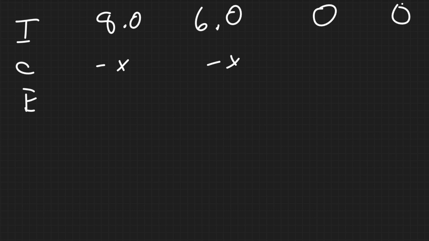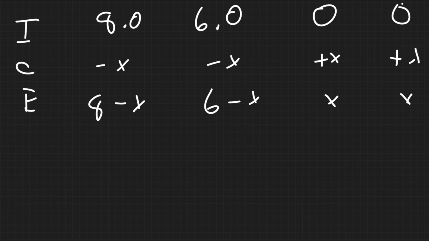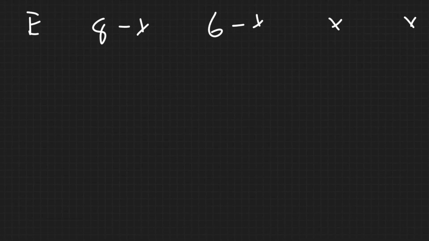That's why it's minus X for the reactants. And I'm going to do plus X here and plus X here. So for my equilibrium, this is going to be 8 minus X, this is 6 minus X, and then X and X. Now I have my equilibrium concentrations.